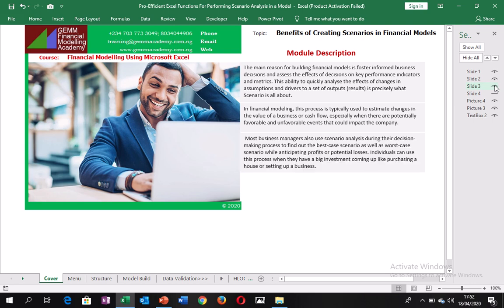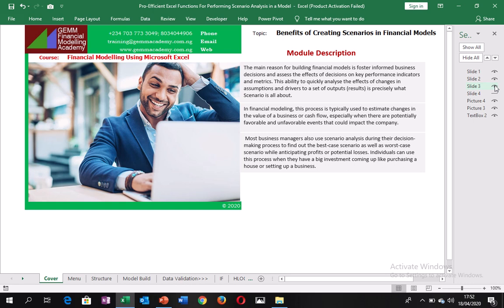All right, most business managers use scenario analysis during their decision-making process to find out the best case scenario as well as the worst case scenario while anticipating profit and potential losses. So in essence, business managers are always on the lookout for what is the best thing that could happen to us or what is the worst thing that could happen to us.